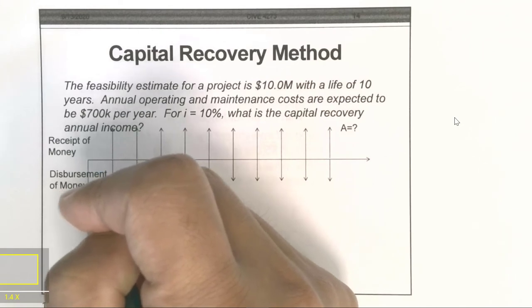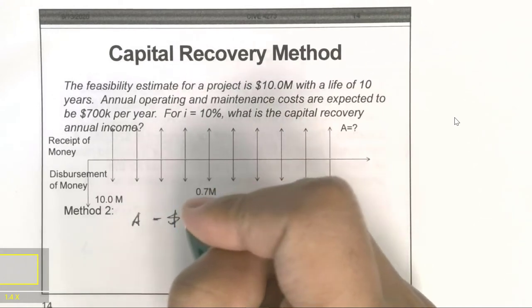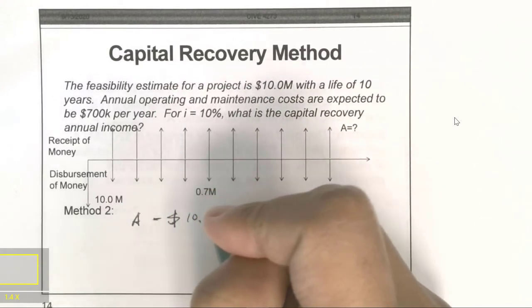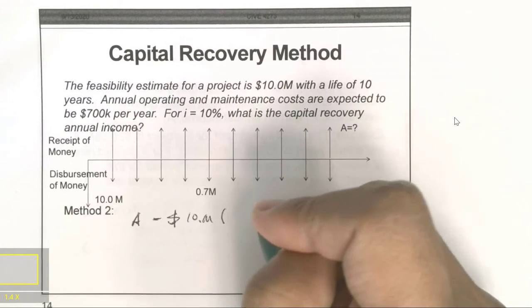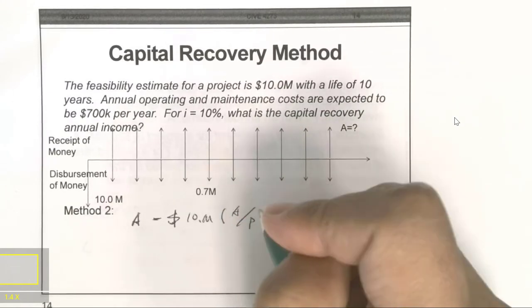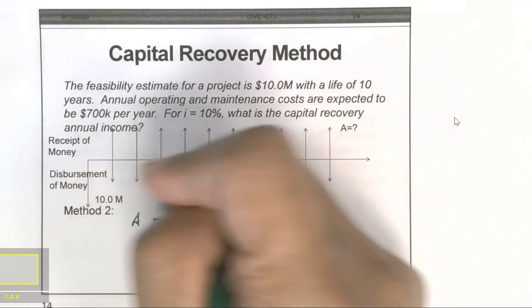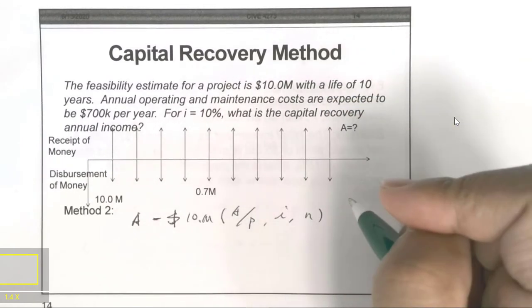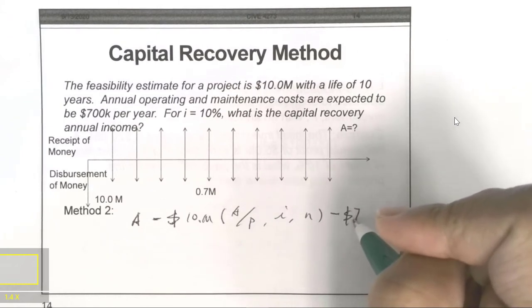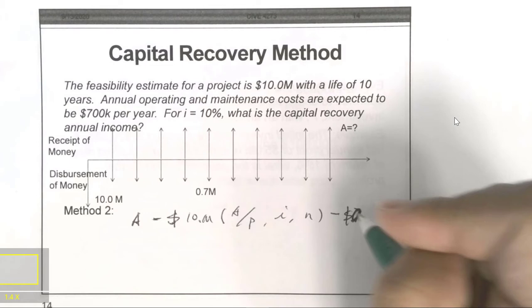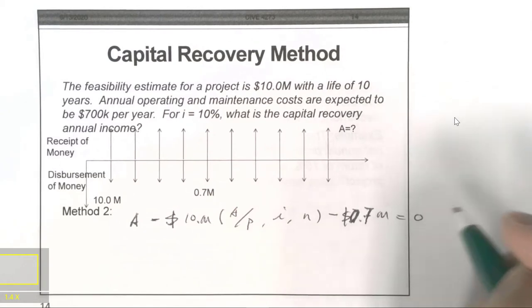So for this particular initial investment, which is negative $10 million, we just carry this sign into this equation. $10 million times, this time we are going to use the function name, which is A given P, to find A, i, and N. And we already have this part annualized because that's your annual expenses, which is negative $0.7 million, and that should be equal to 0.